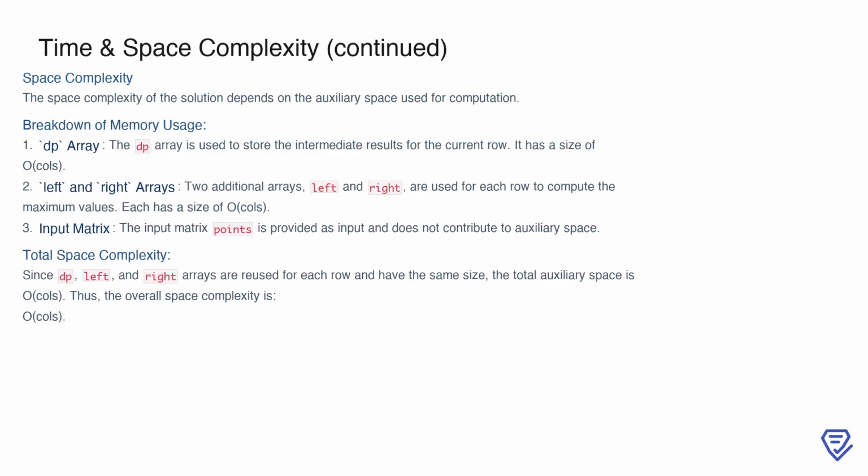Importantly, all three arrays DP, left, and right are reused for every row, so their total contribution remains O(cols). The input matrix itself does not contribute to auxiliary space since it is part of the problem's input. As there are no additional data structures outside of these arrays, the overall space complexity of the solution is O(cols).